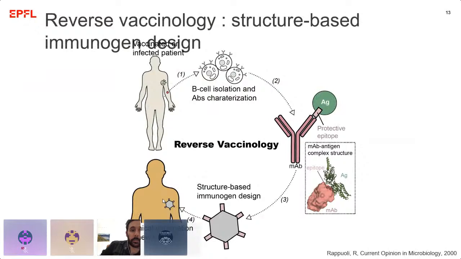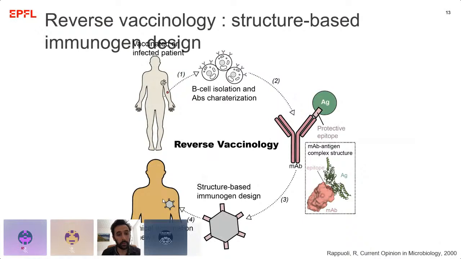Now, what I want to tell you about is what we've been doing with these proteins, particularly in the area of designing immunogens. Our approach is based on what people refer to as the reverse vaccinology approach, which is one of the most used approaches for structure-based immunogen design.